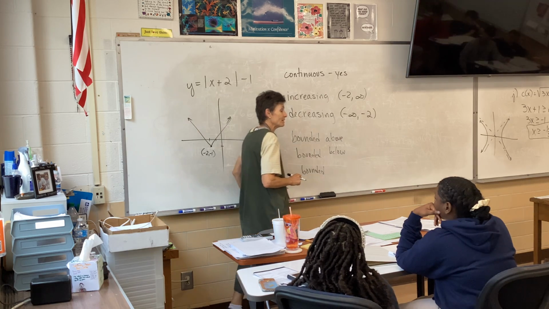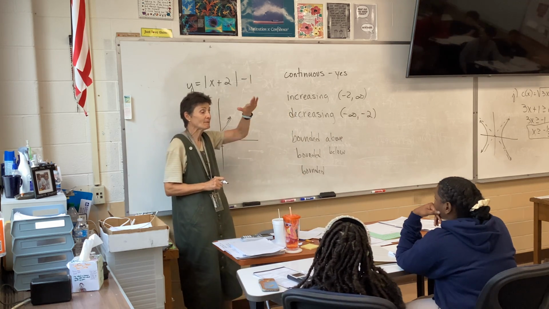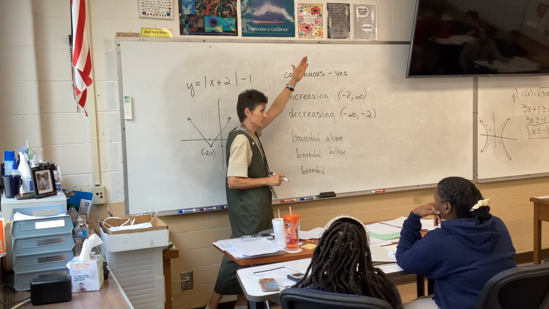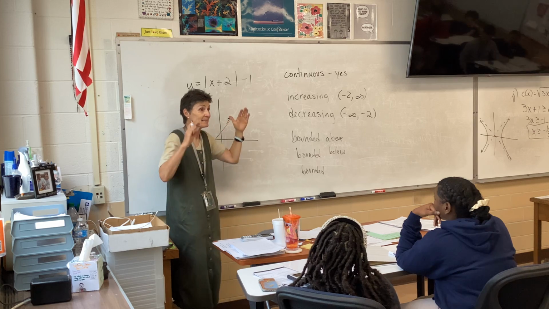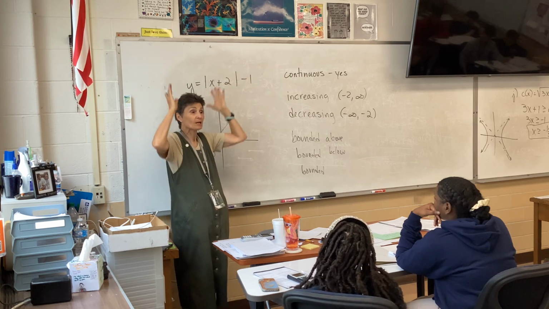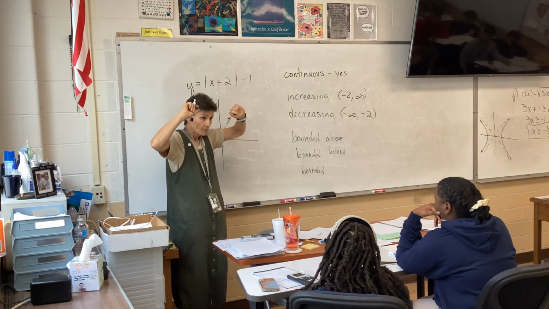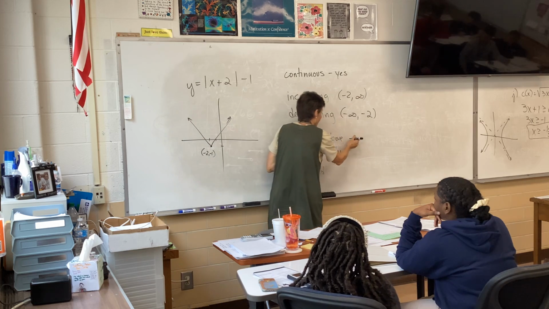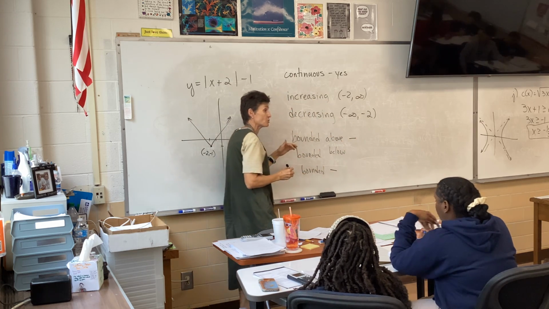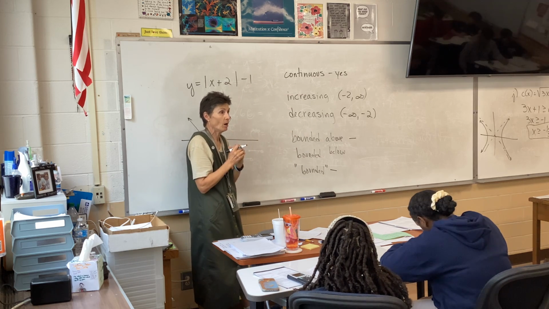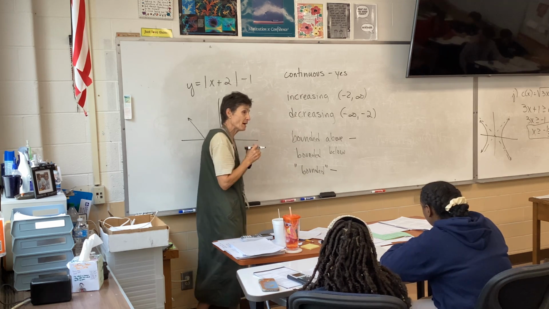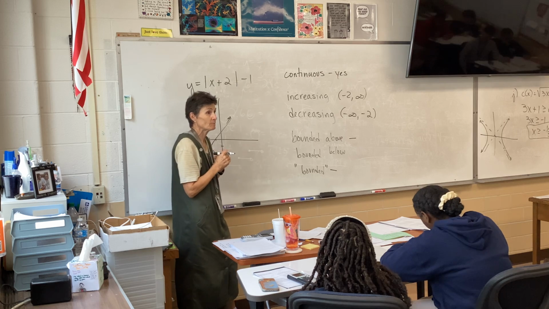No, we're not bounded above. Bounded above means it has a ceiling. Does this picture have a ceiling? Is there anything stopping it as it goes up? No. So it is not bounded above, and therefore it isn't bounded, because to be bounded means you're bounded above and below. I am, however, bounded below.